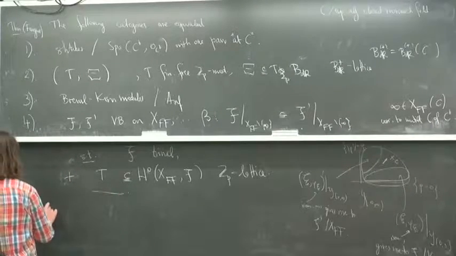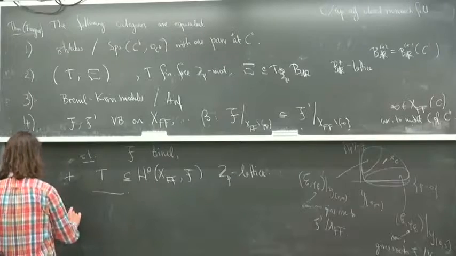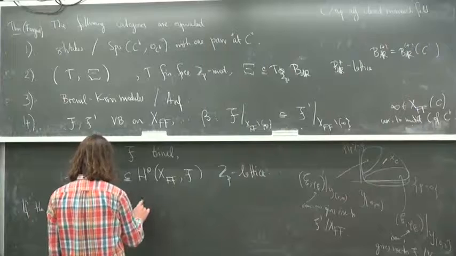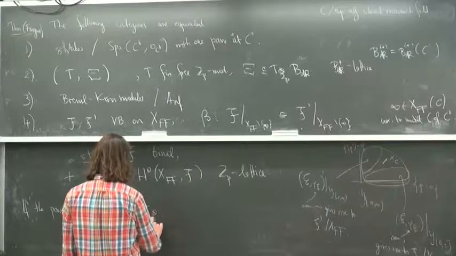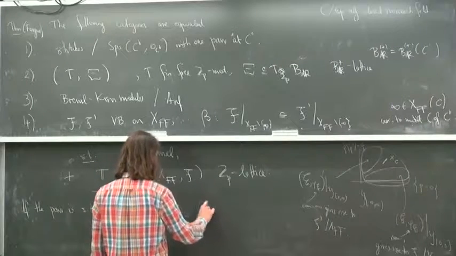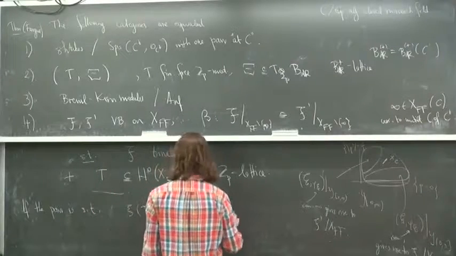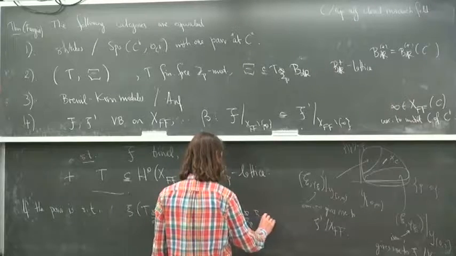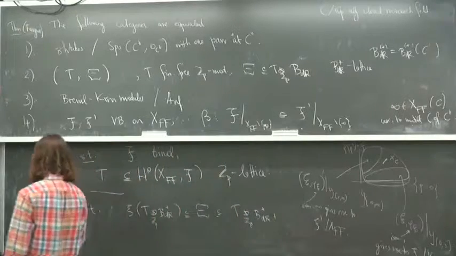And if the paw is such that, I mean, in some sense minuscule, more precisely, is such that a uniformizer times the standard lattice is contained in psi, is contained in the standard lattice. Then these are also equivalent.